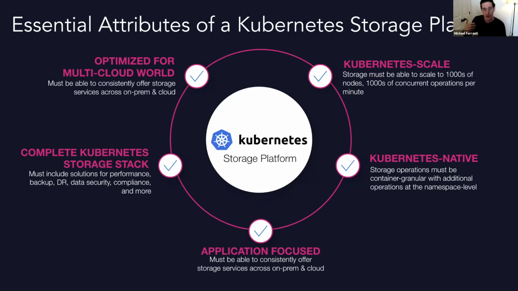A typical enterprise storage array might have been optimized for a small number of very large volumes, because they're optimizing for SAP and Oracle and SQL Server, which tended to back these monolithic applications, like an Oracle database.